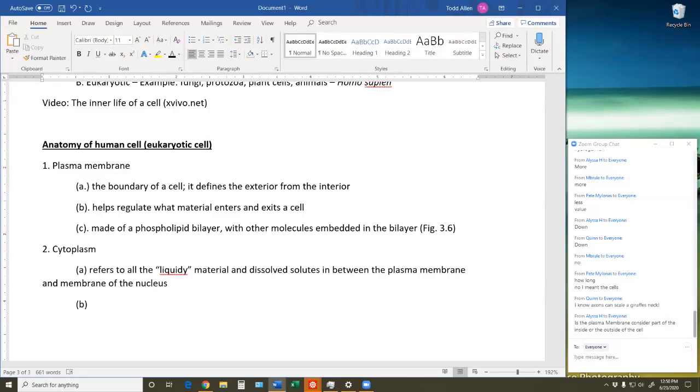The water is very viscous, kind of like molasses or honey. So if you were to puncture a cell with a very fine needle, the water would not rush out. It would slowly ooze out as though you had molasses leaking out of a package, okay?